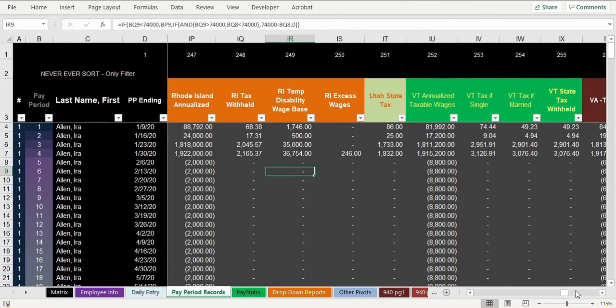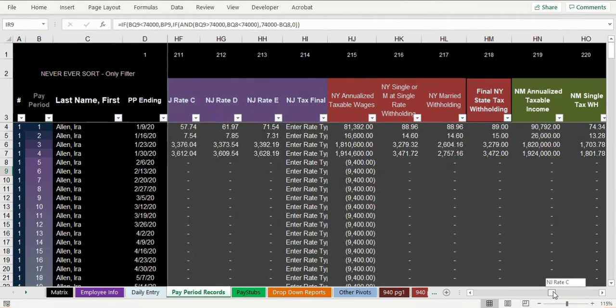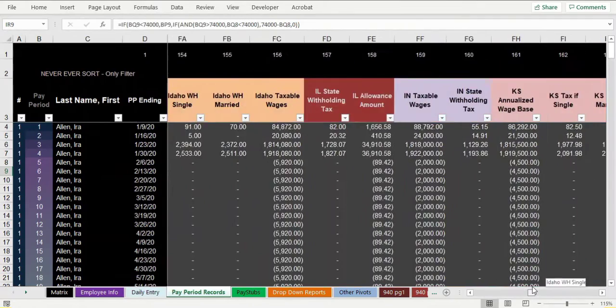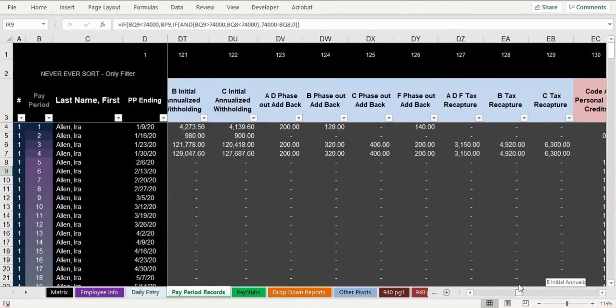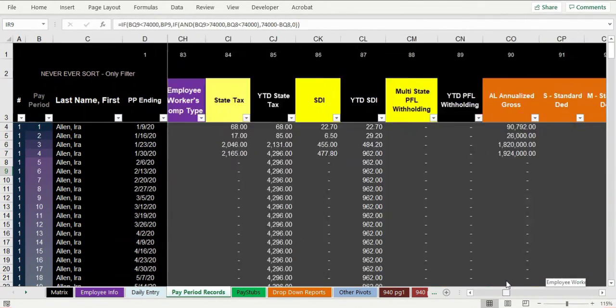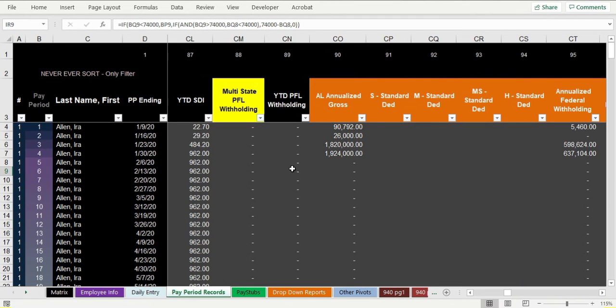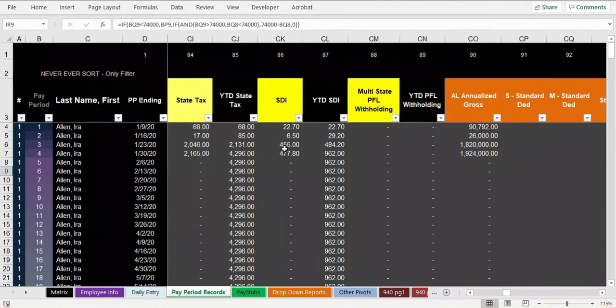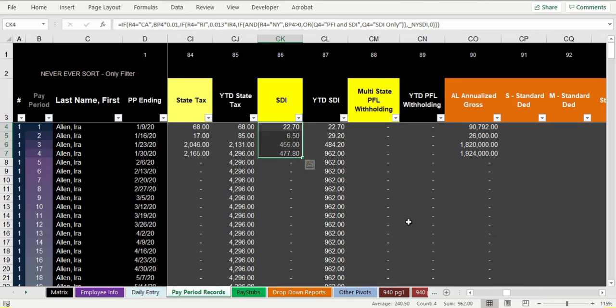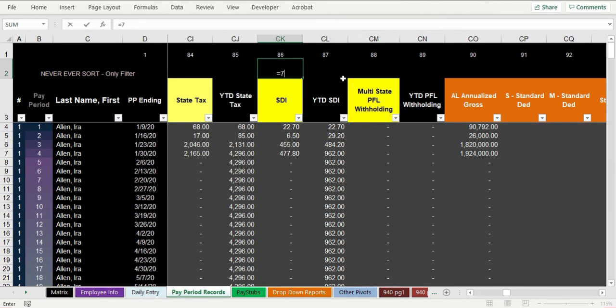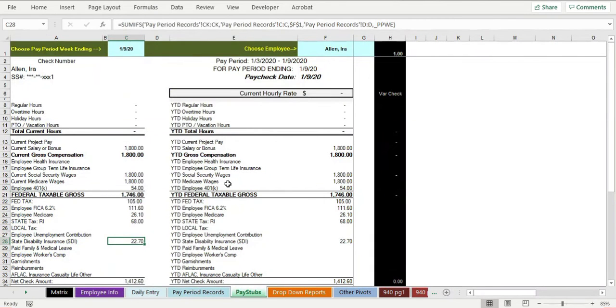If you make over $74,000 a year, the SDI tax is going to be right here. You're going to end up paying about $962 if we did that right. Did we do that right? Let's see. $74,000 times 0.013, $962. So I think we did that correctly. So that's what will happen with state disability, and you're done.